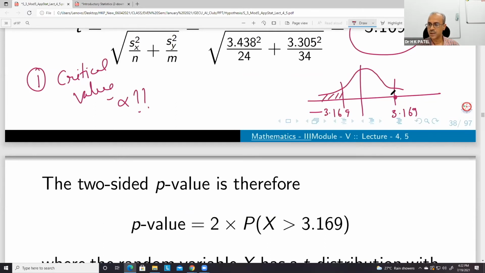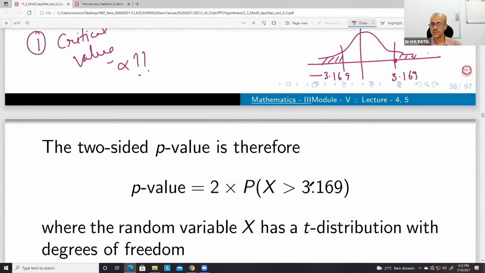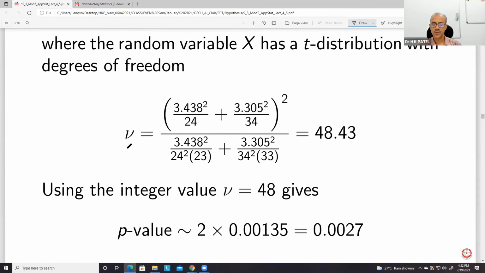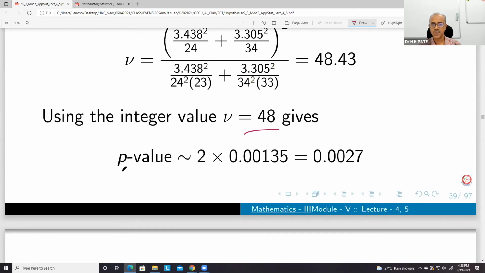So both these areas will be our p value, so it is 2 times. We can calculate the degree of freedom, 48, so we can take 48. Now this p value is 2 times 0.00135. So let us see how this value is obtained.